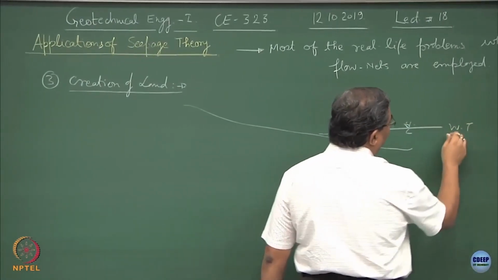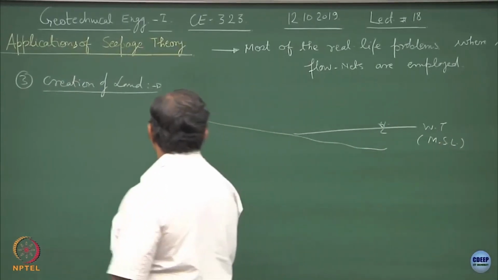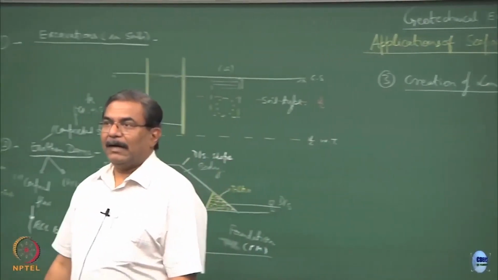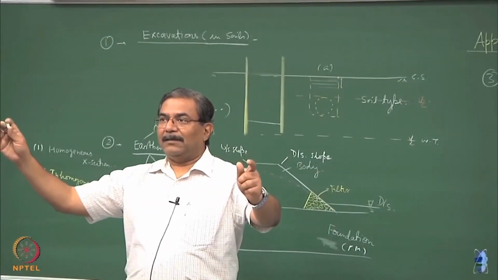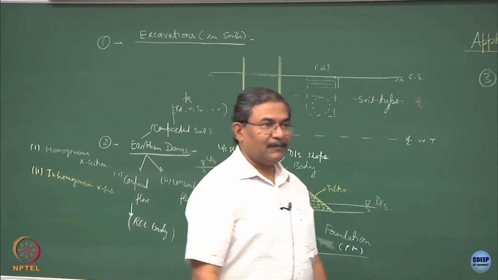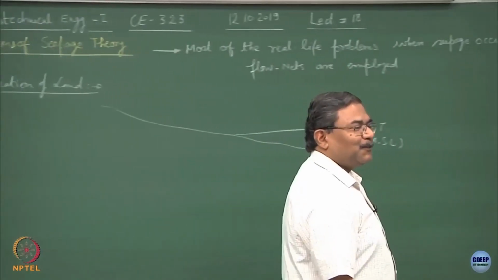So, the water table is in the form of, let us say, mean sea level, and I am a multimillionaire and I want to see every day morning sunrise and sunset from the Arabian Sea. It's my wish, money is not an issue and I have the land.